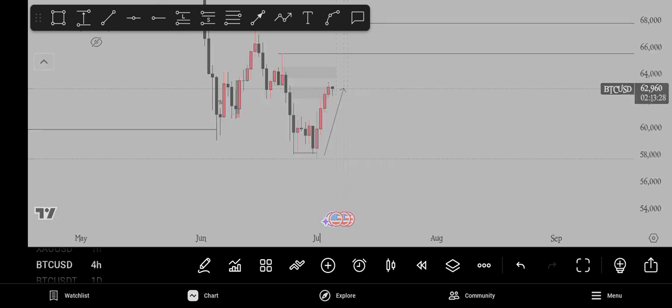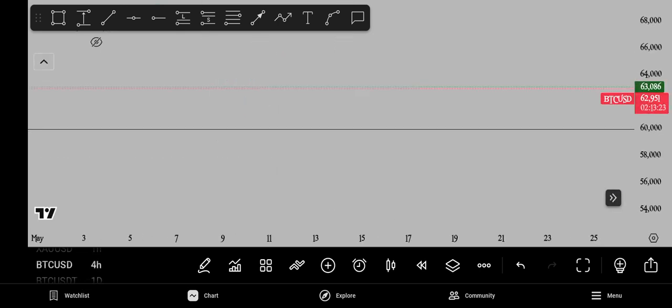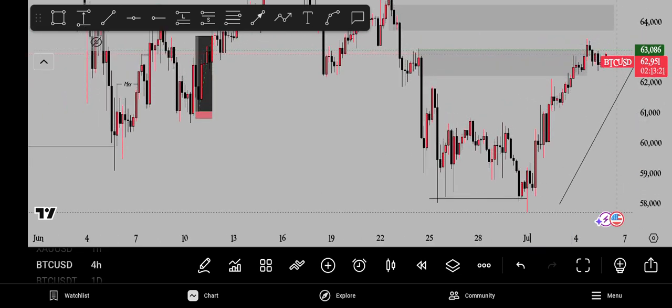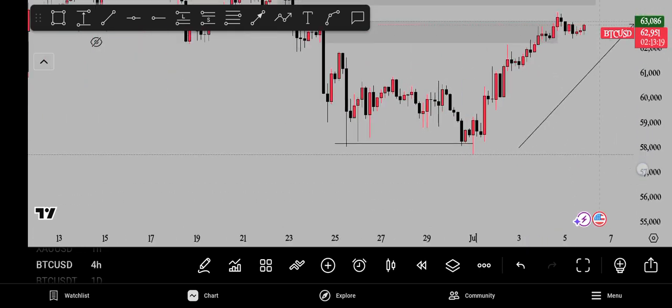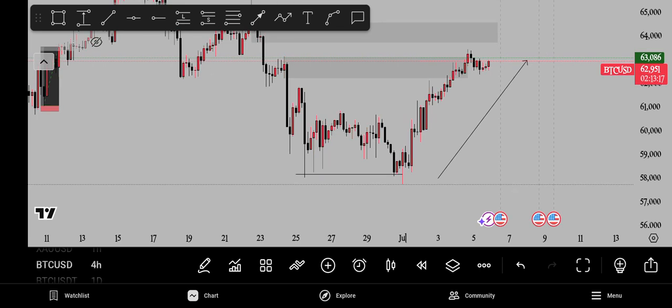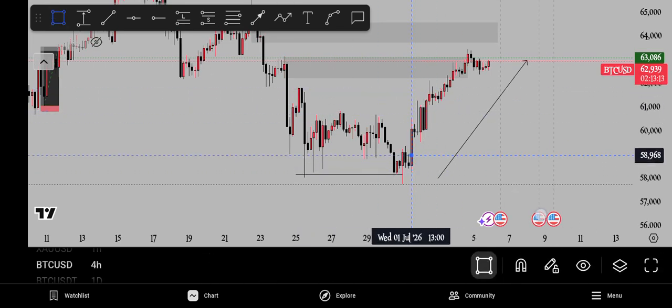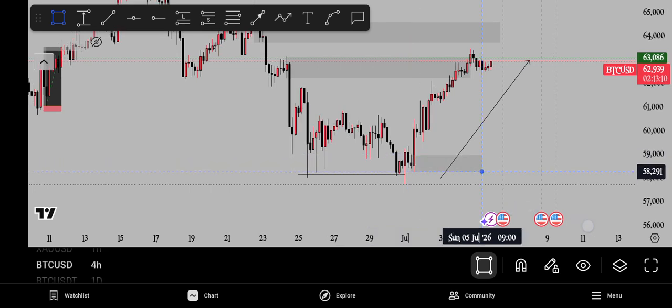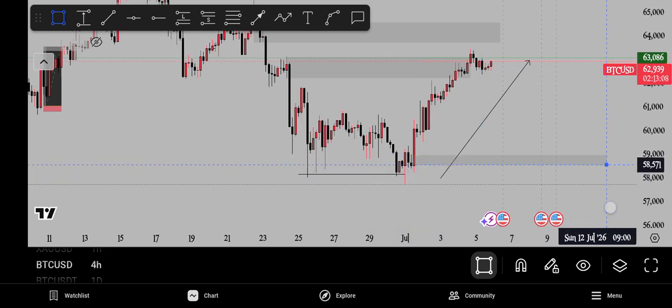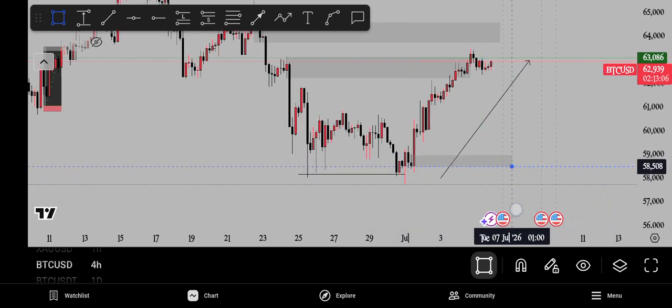Coming back to the 4 hours. You can see after this sweep, I have this demand to watch out for. So we'll be waiting for price here at this demand.